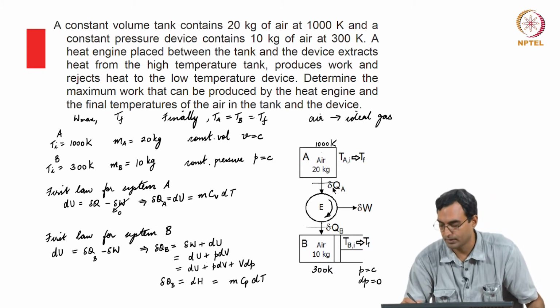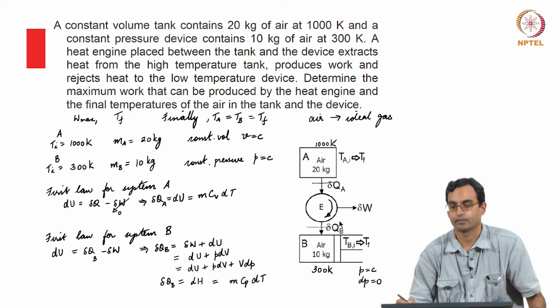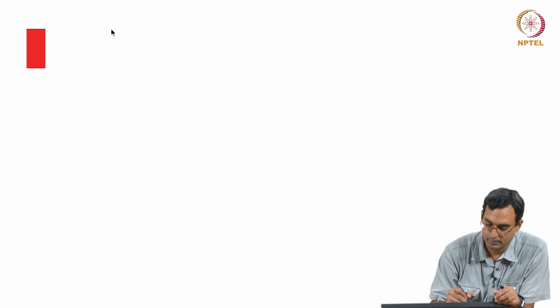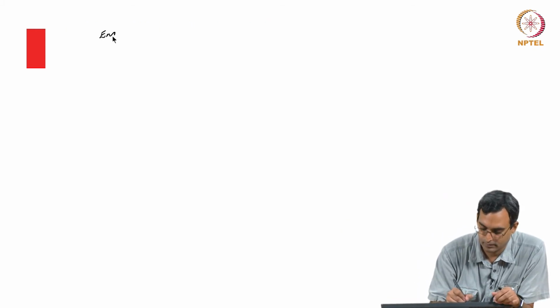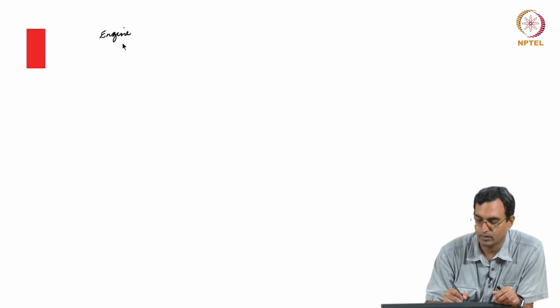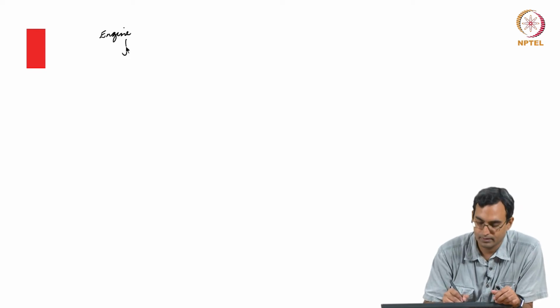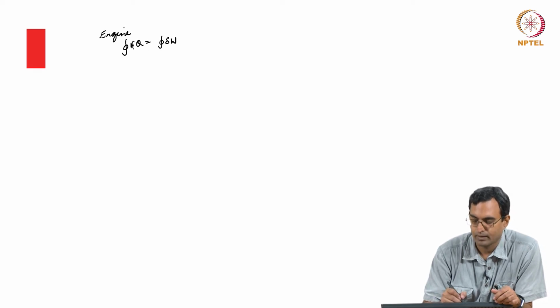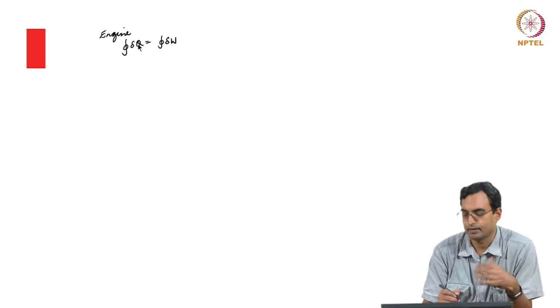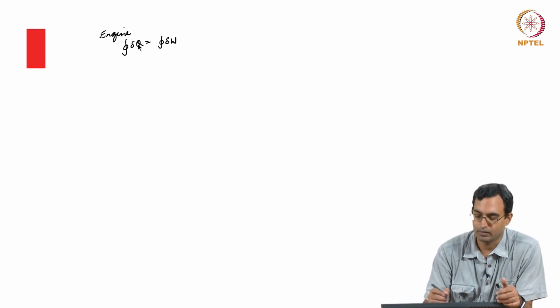So, if I apply the first law for this engine, the engine is undergoing a cyclic process. So, essentially the cyclic integral of del Q is the cyclic integral of del W, taking QA coming in as positive and QB going out as negative.